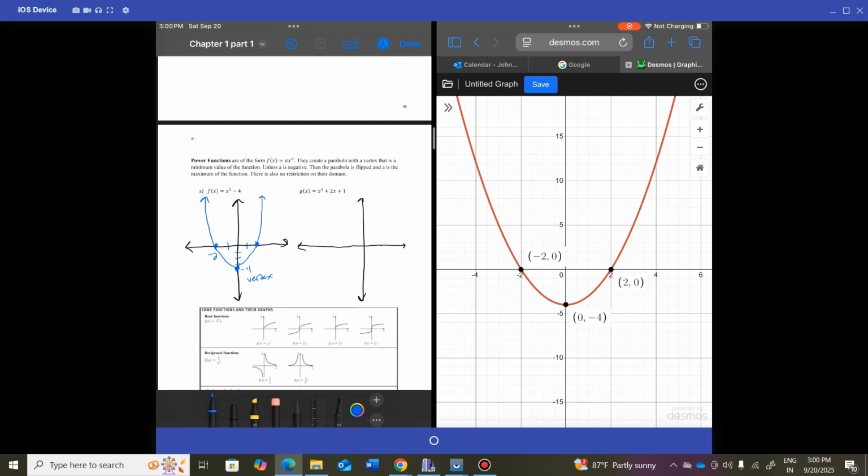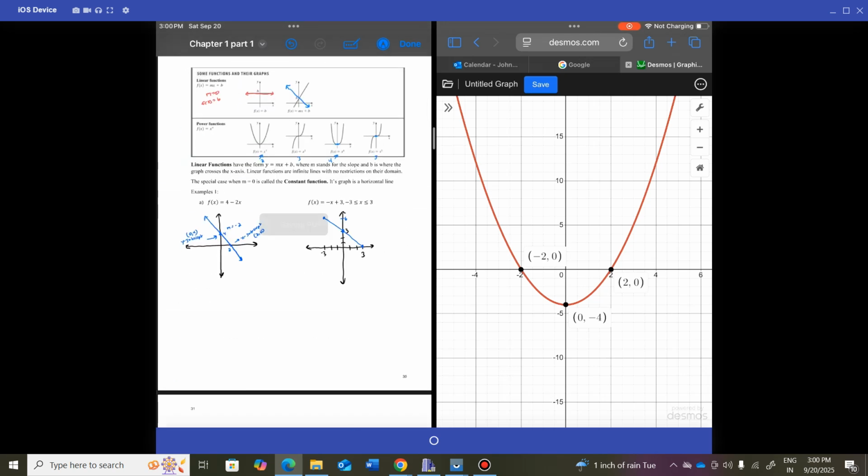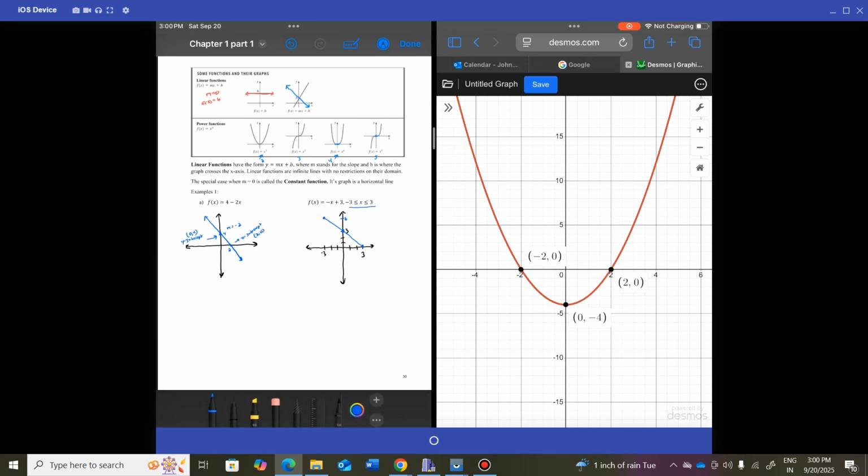Now, for a lot of these graphs, the linear graphs and the power graphs, the domain's easy. It's all real numbers. But for the range, you'll see here is from -4 to infinity. The range can be different. The domain and range for the linear functions: the domain here was restricted, so that was the only one that didn't have a real numbers domain.